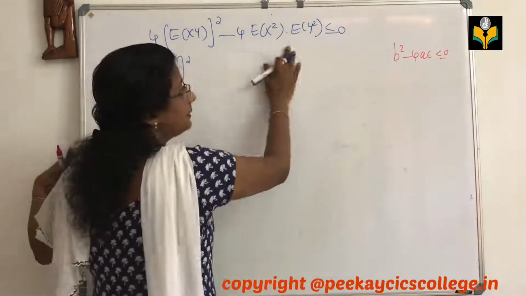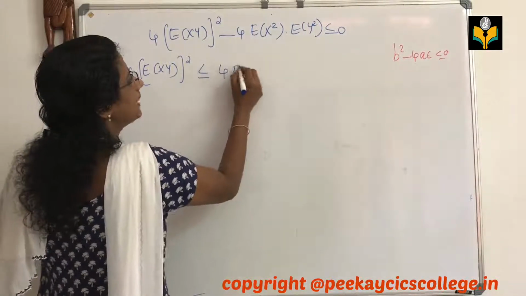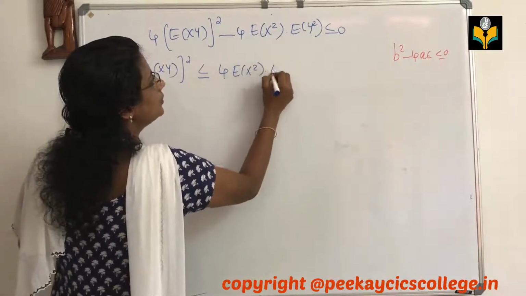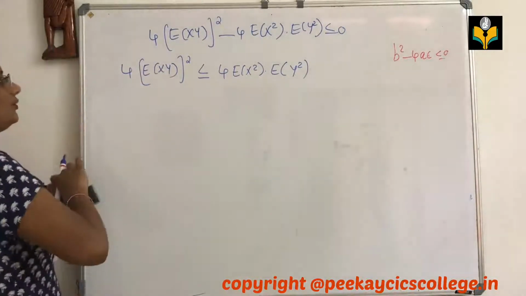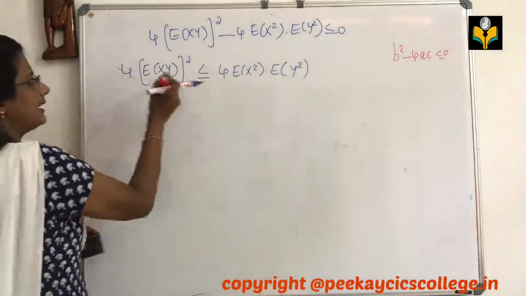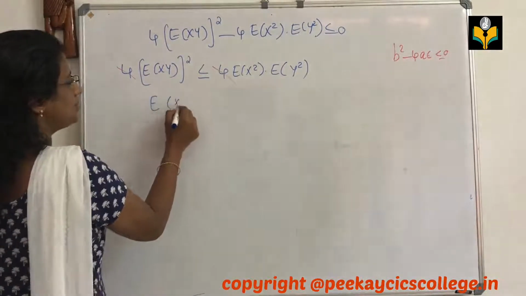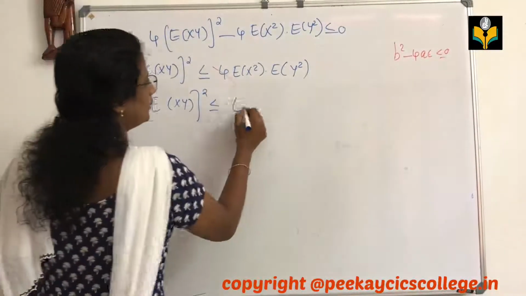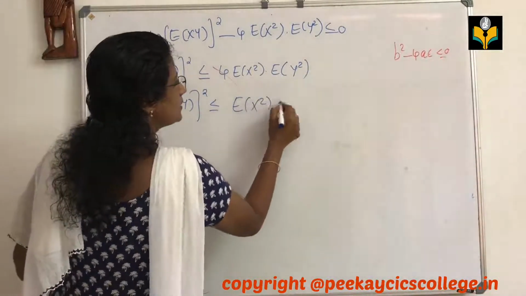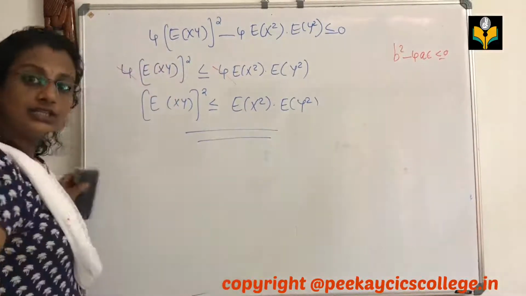This term can be taken on the right side, less than or equal to 4 expectation of x square into expectation of y square. Okay, 4 നമുക്ക് എന്ത് ചെയ്യാം? We can cancel 4 in both sides. അപ്പോൾ expectation of xy the whole square less than or equal to expectation of x square into expectation of y square. This is Schwarz inequality.